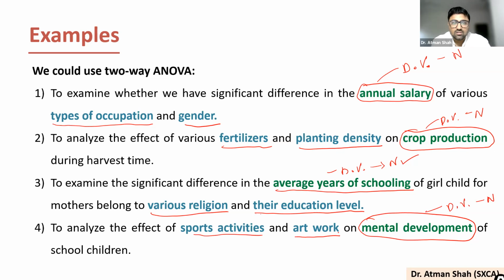So whether your children are involved in sports activities or not, they're intensively involved, they're moderately involved, they are slightly involved, there is no involvement at all. Similarly in artwork. So we are interested to know the simultaneous and individual effect of these two independent variables on our dependent variable.